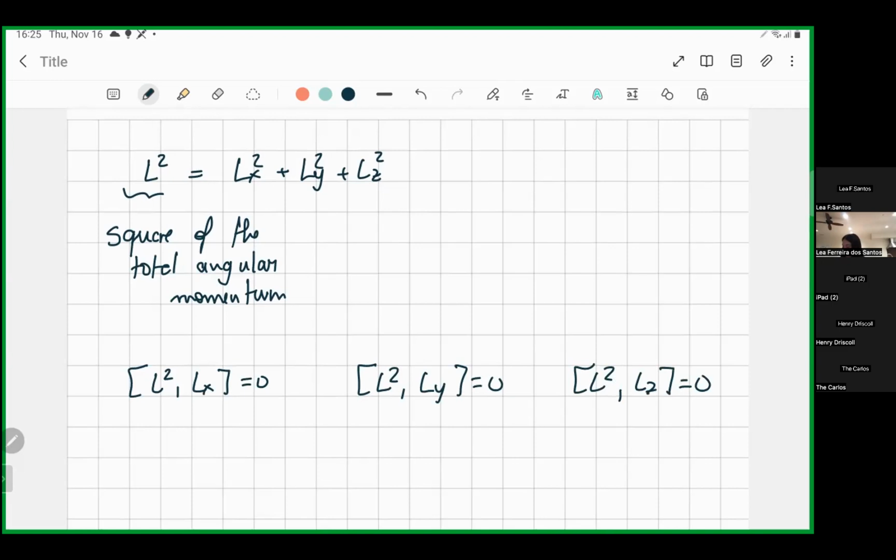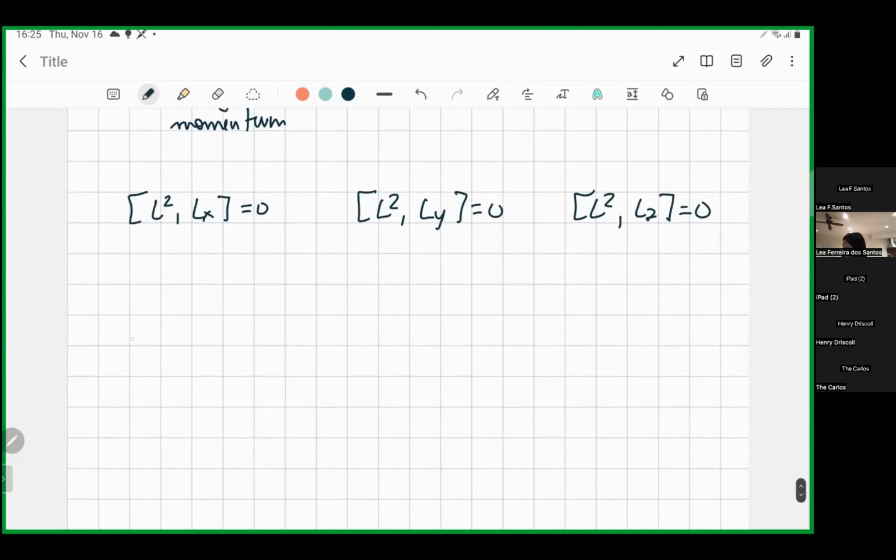Let's check one of them. Let's pick the last one, Lz. L square with Lz. So what is L square? Lx square plus Ly square plus Lz square, with Lz. We said that we can split the sum into a sum of commutators.